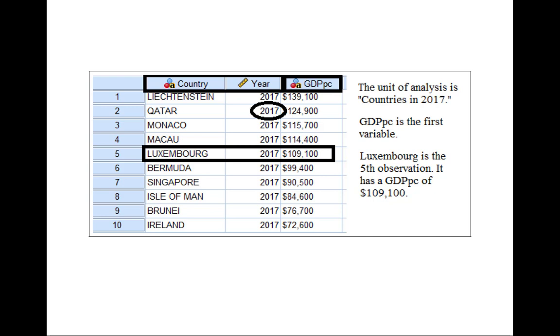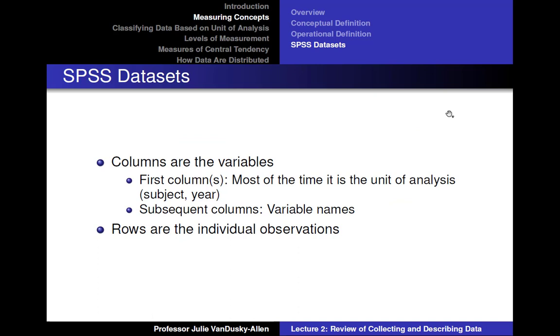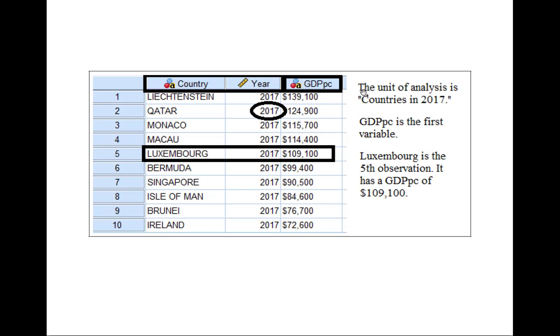So in this dataset, the subjects of the dataset are countries, and the time is the year, 2017. So we know the unit of analysis for this dataset is countries in 2017. The subsequent headings should be the names of the variables. So the first variable in this data set is GDP per capita.